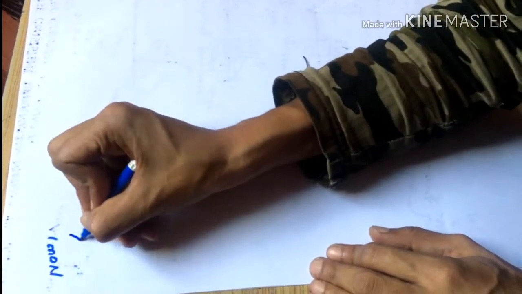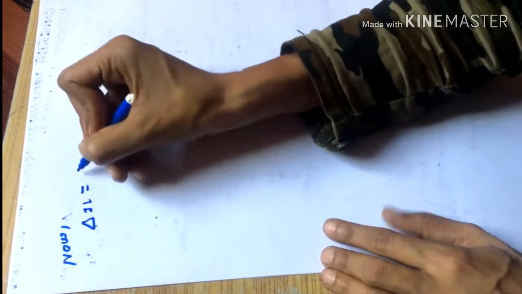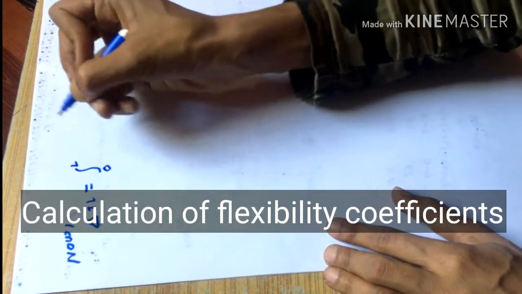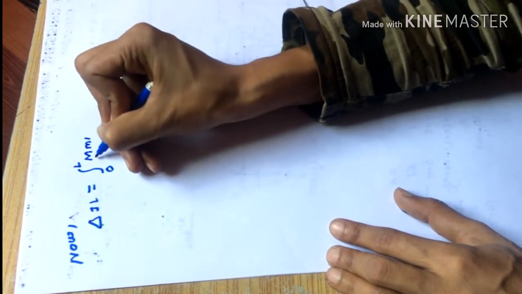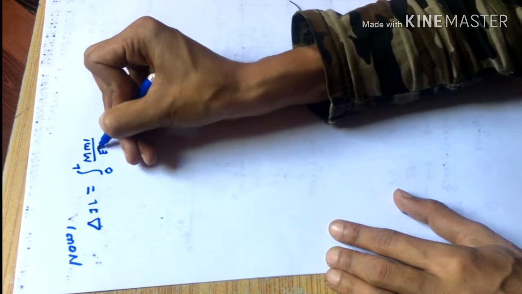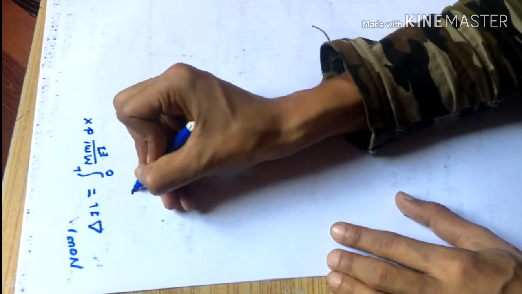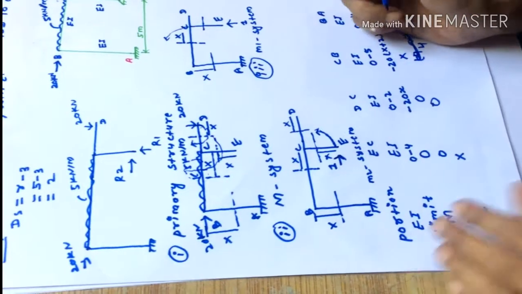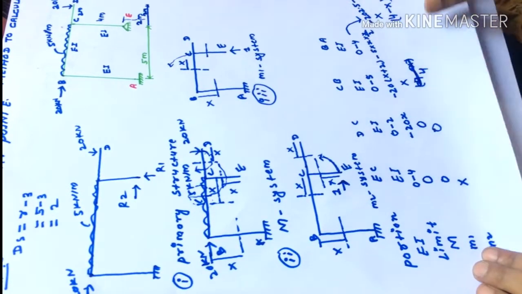At first we calculate delta 1L, and we know delta 1L is equal to the integral from 0 to L of M M1 by EI dx. For each portion in the table we can see for portion EC, M and M1 are equal to 0.